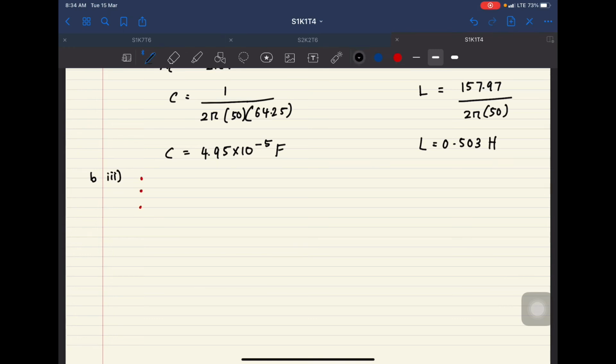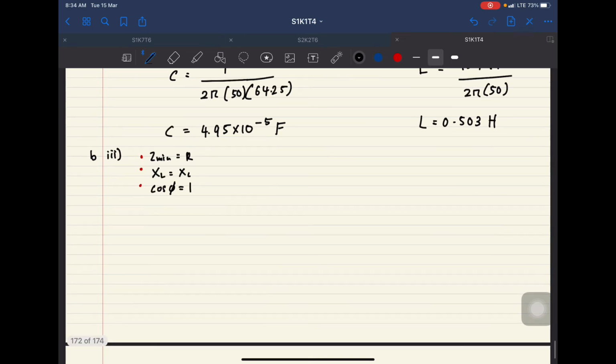Okay, number one, Z minimum is equals to R. Number two, XL is equals to XC. And number three, cos phi is equals to 1. Okay, from XL equals to XC, actually you can find the resonant frequency.